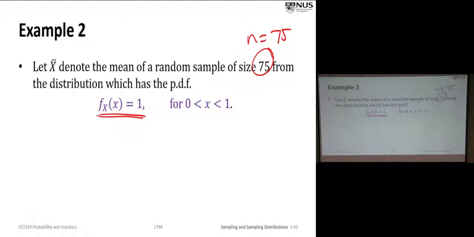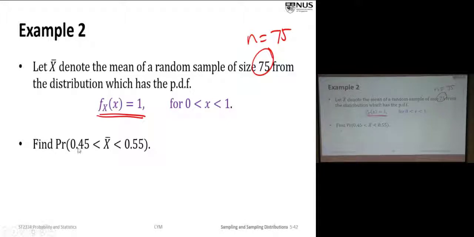You can think of the population as the points taken from the line segment 0 to 1. So you take 75 points randomly and calculate the average.